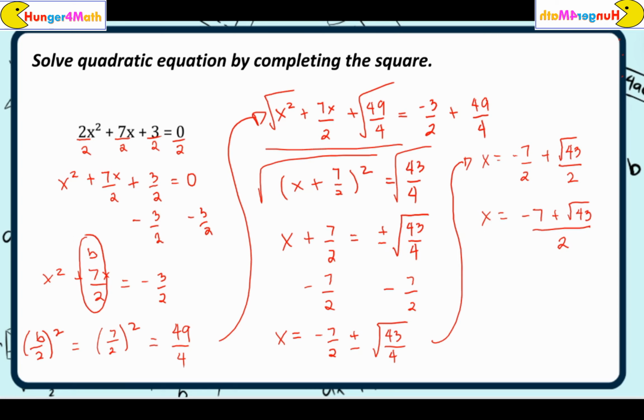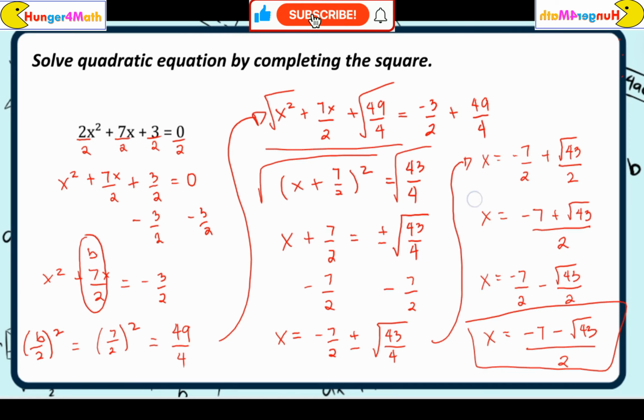Next is for the subtraction. That will be x is equal to negative 7 over 2 minus the square root of 43 over 2. Then we're going to put that together. x is equal to negative 7 minus the square root of 43 all over 2. Now here are the values of x.